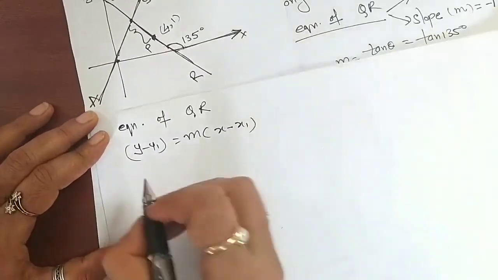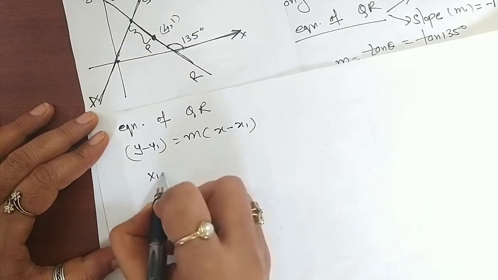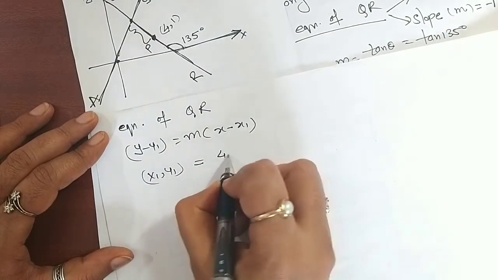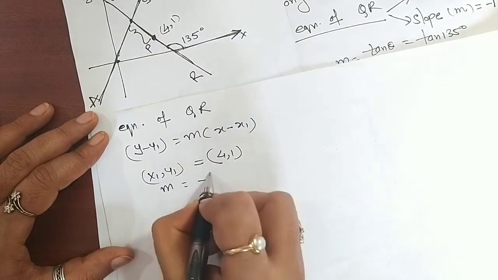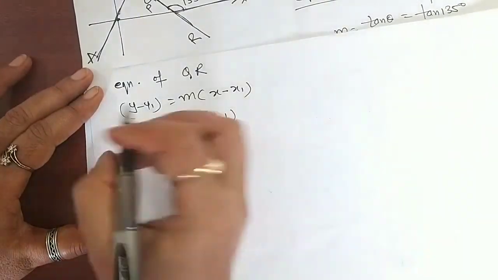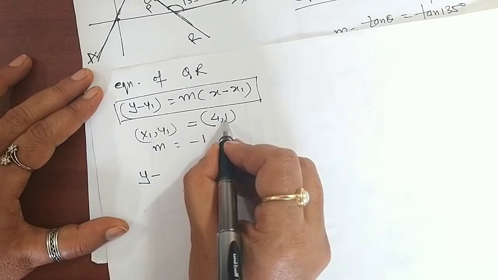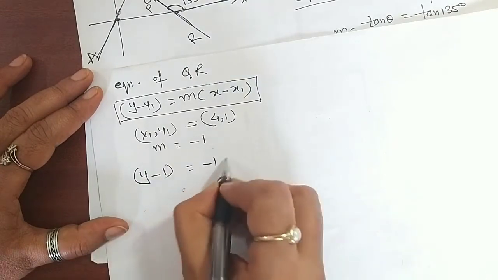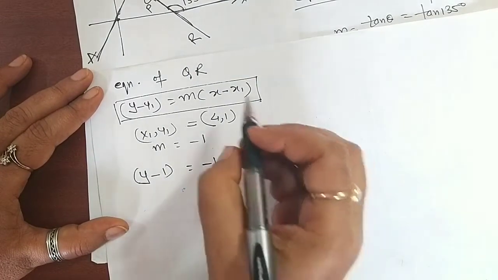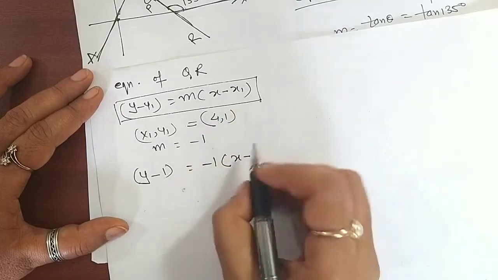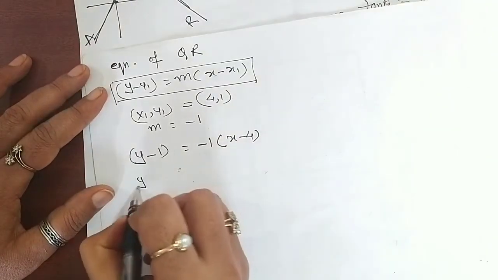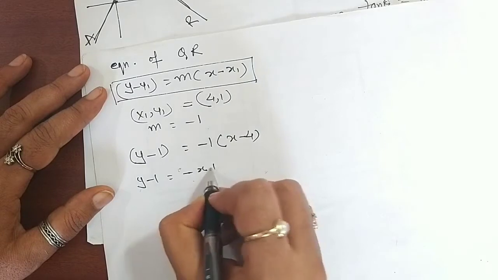What is my (x1, y1), guys? The point is (4,1) and m is minus 1. So it will be y minus 1 equals minus 1 times (x minus 4). So the equation is y minus 1 equals minus x plus 4.